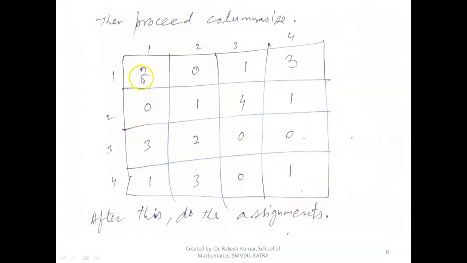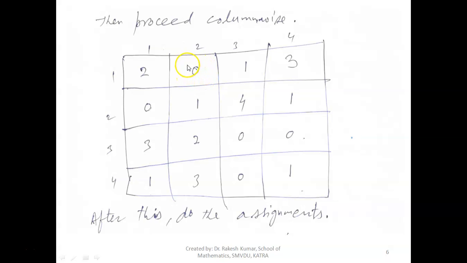Now how to do the assignments? The way is either proceed row wise or column wise. If I proceed row wise, we have to find whether there is a single 0 in the row. Yes, it is available. So put this 0 inside a circle, showing that an assignment has been done in the cost effective cell.